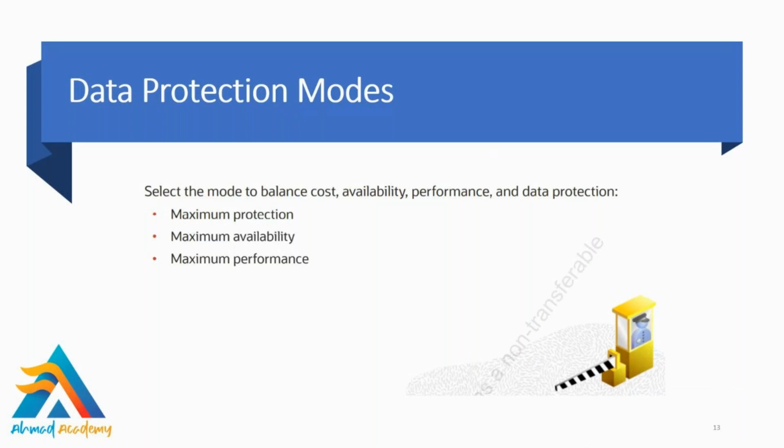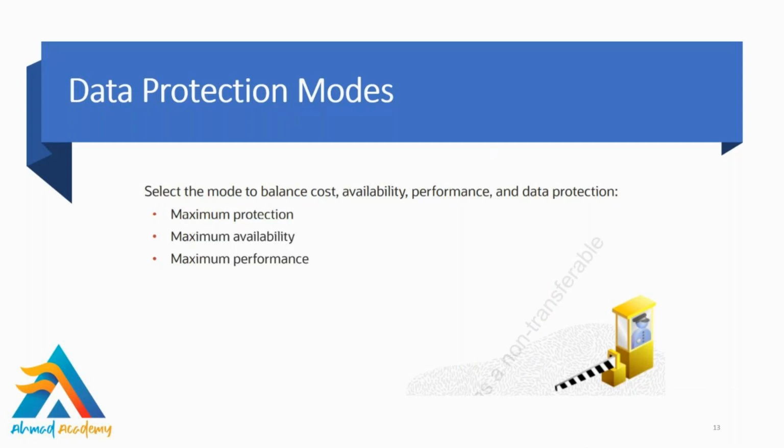And maximum protection basically uses the synchronous mechanism where LGWR waits for confirmation from the standby side whether it is applied or not, and if it is not applying, it will shut down the primary database, because a fault can happen while writing the redo stream. So that is maximum protection.